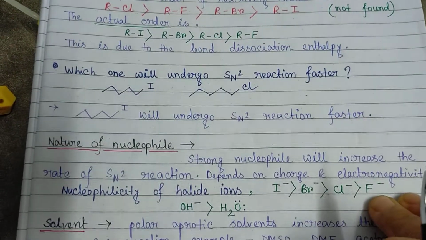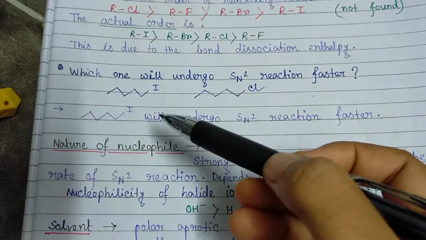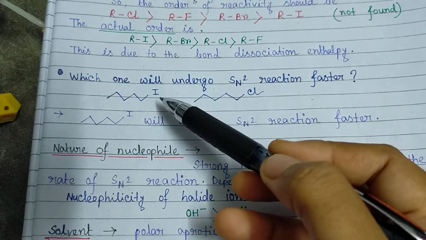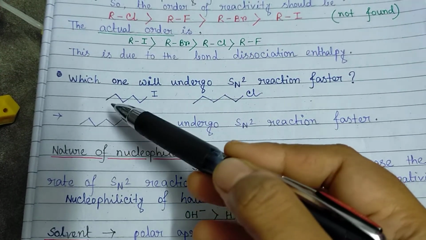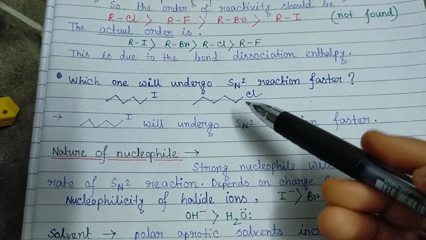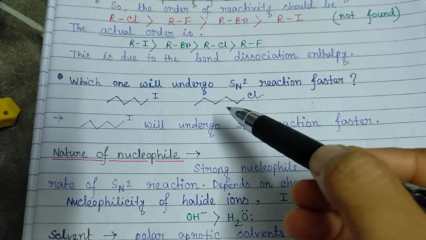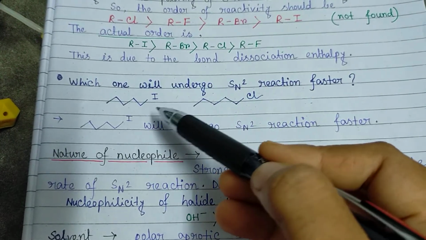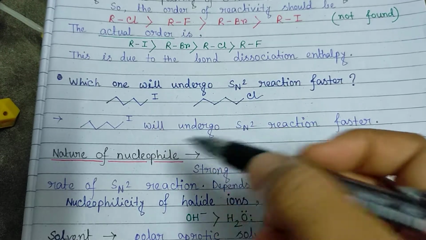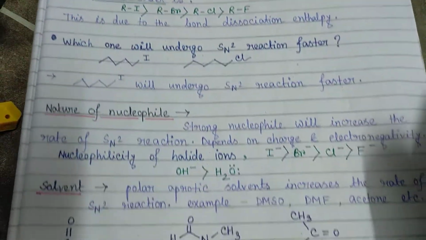We can understand this with another example. Here I have taken normal pentyl iodide and this one is pentyl halide. Between these two, obviously the iodide one will be more reactive in the SN2 reaction.